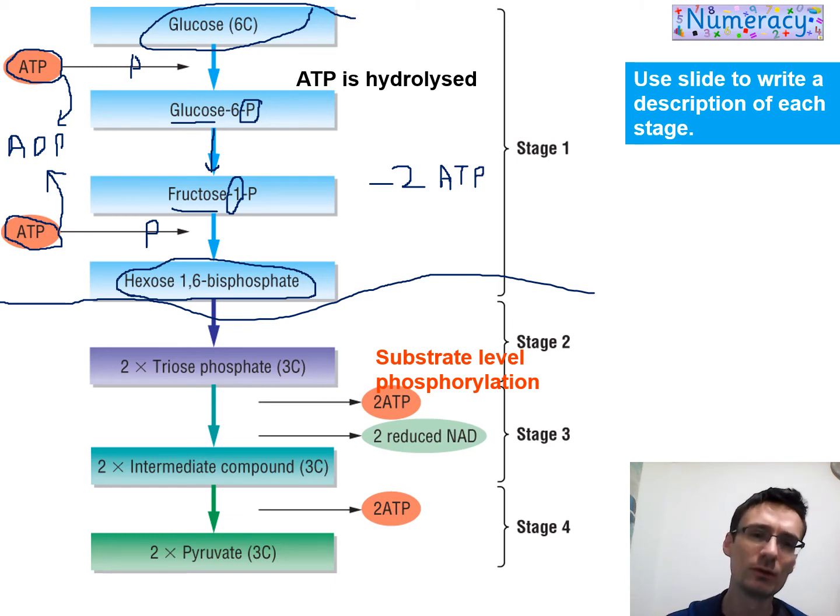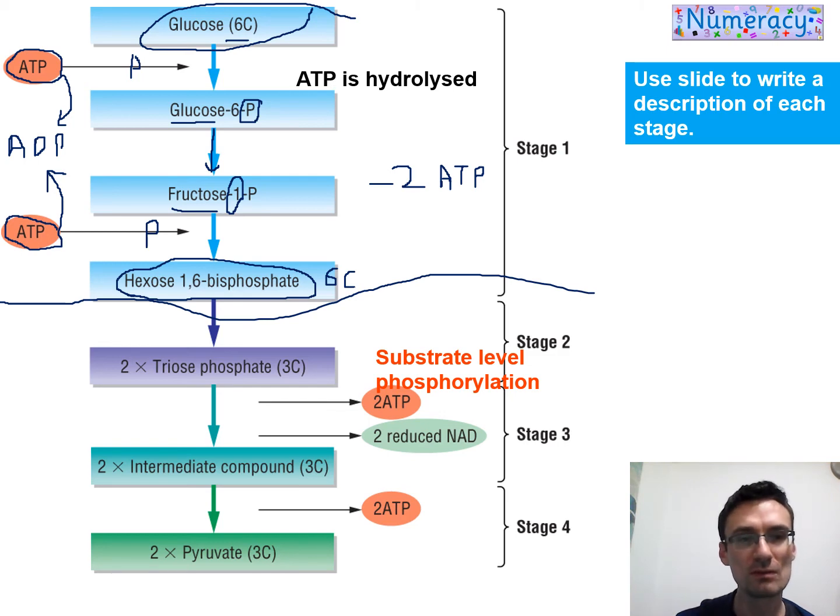Well, let's go forward. So that hexose 1,6-biphosphate is a 6-carbon sugar, don't forget, because it has come from glucose, which had 6 carbon, and it's gone down to fructose and then to that. So now what happens is the molecule splits into 2.